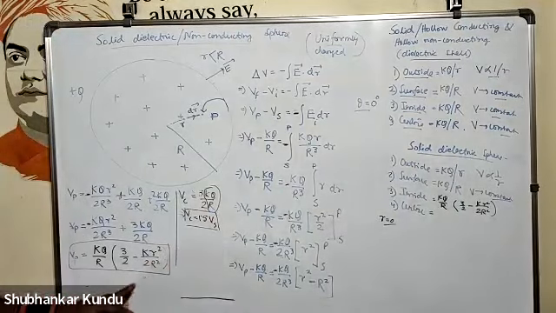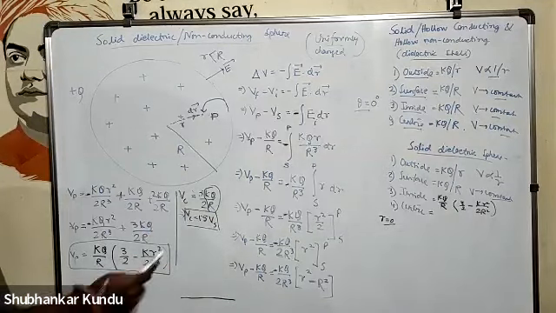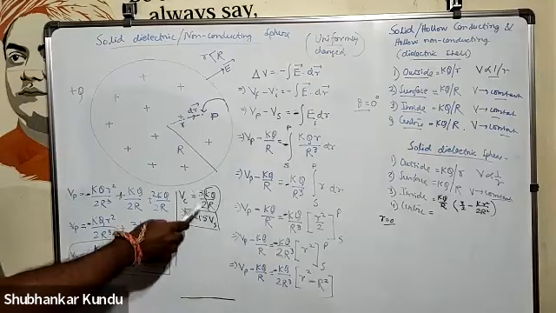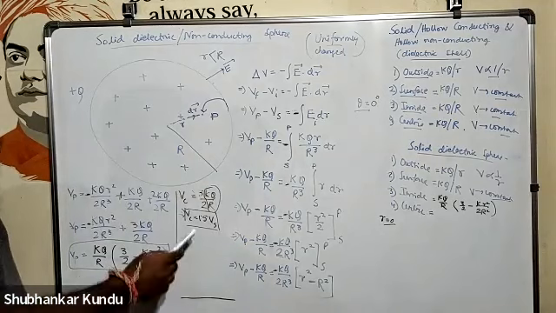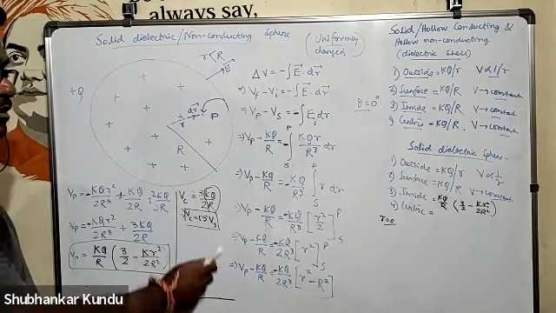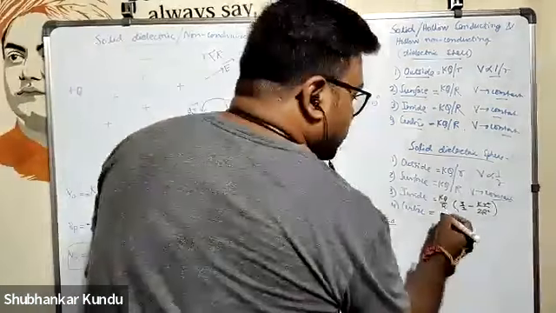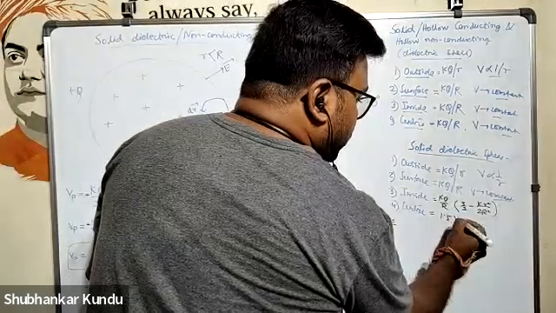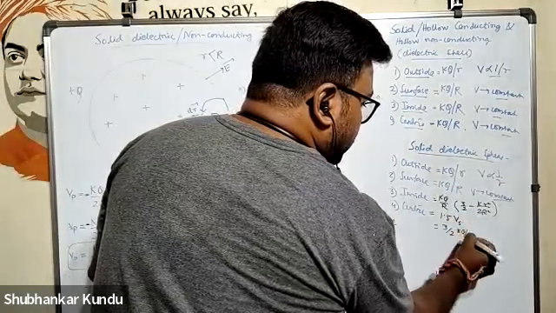If small r is equal to 0, the entire part becomes 0. The V at center will be KQ upon R into 3 by 2. 3 by 2 is 1.5, and KQ upon R is the potential on the surface. So 1.5 into potential at the surface, it is 3 by 2 into KQ upon R.